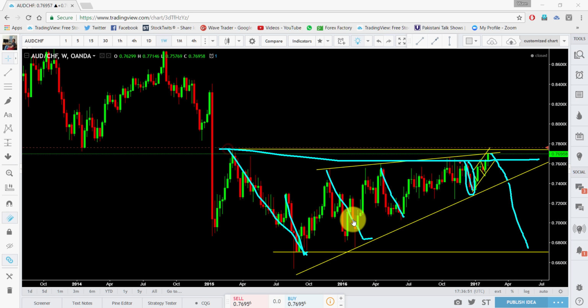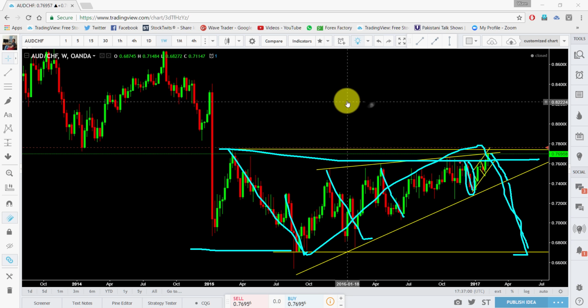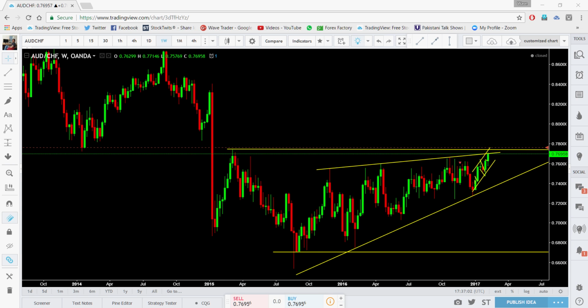This pattern is quite similar to the pound USD. We have spoken about this pattern before as well. So this is basically price hitting the ideal place. Price is testing the ideal place.